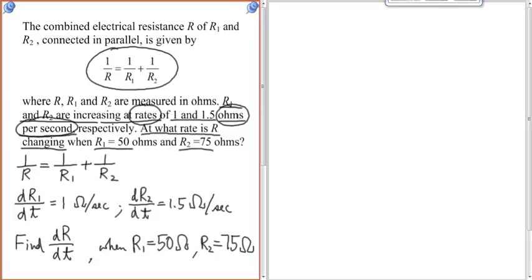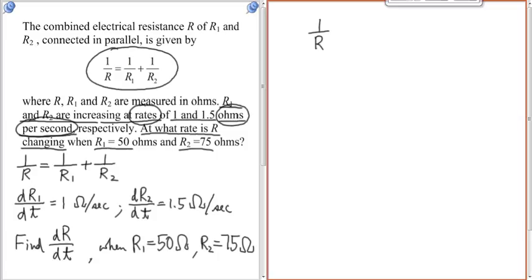We know the formula: 1 over R equals 1 over R1 plus 1 over R2. Now take the derivative of both sides with respect to t.